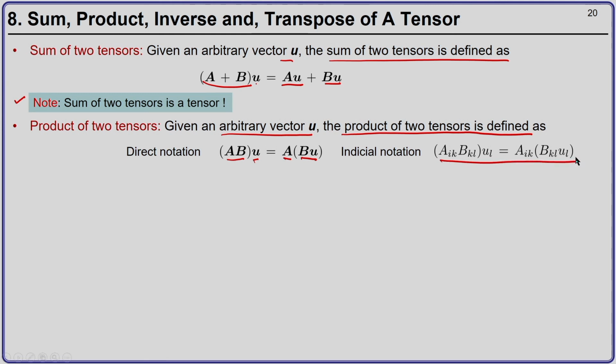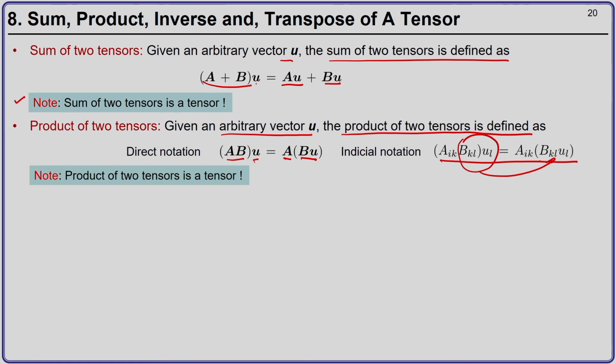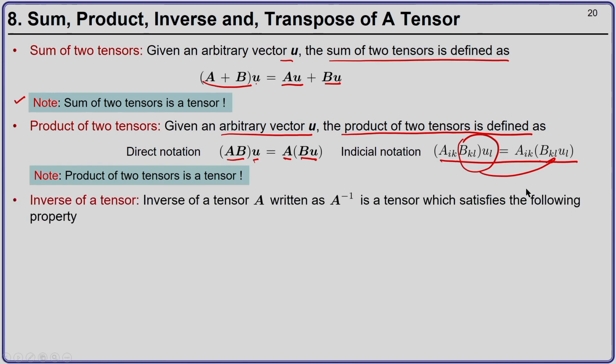A B u can be written as A_ik B_kl u_l. You can take these two terms in the bracket and write A_ik B_kl u_l, which is nothing but A (B u). I will show what is the direct notation and what is the indicial notation for operations. Remember, the product of two tensors is also a tensor.